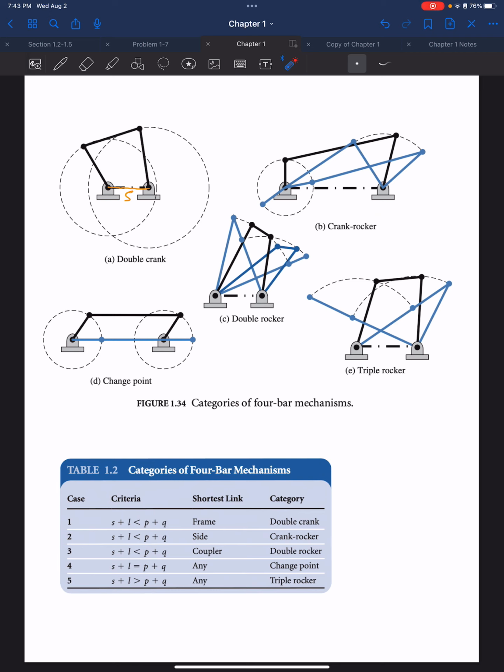Change point. A change point is just defined as when this point travels down, this point also travels down, and they create a straight line. And the triple rocker is the same thing as double rocker, we just have 3 now.